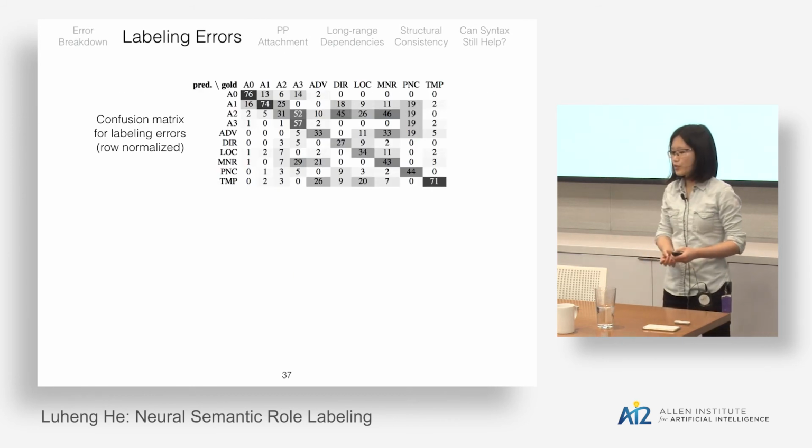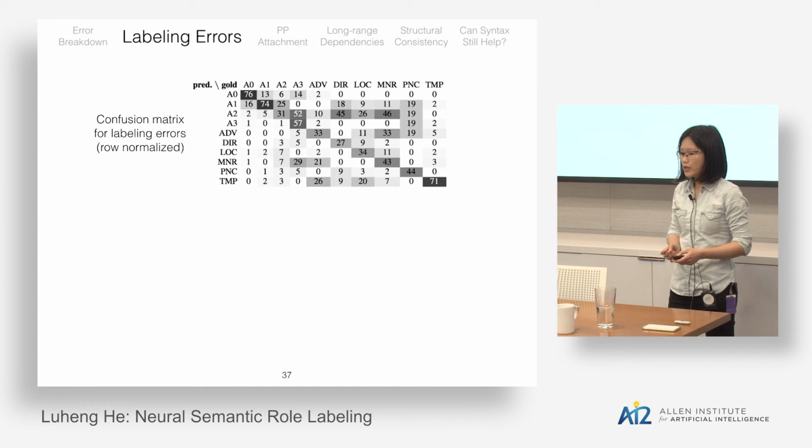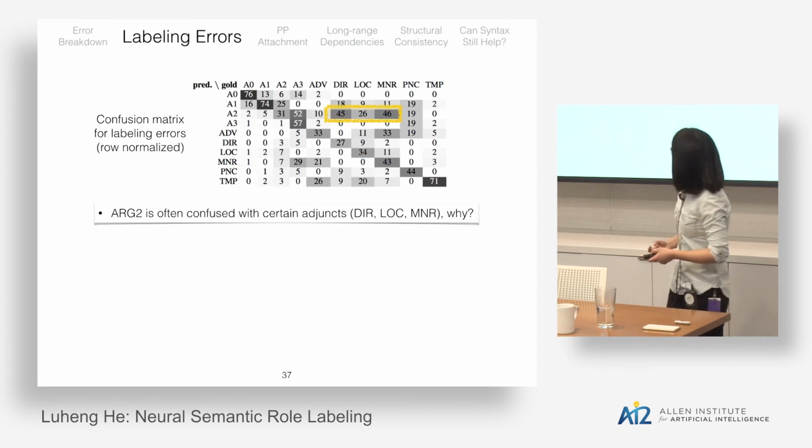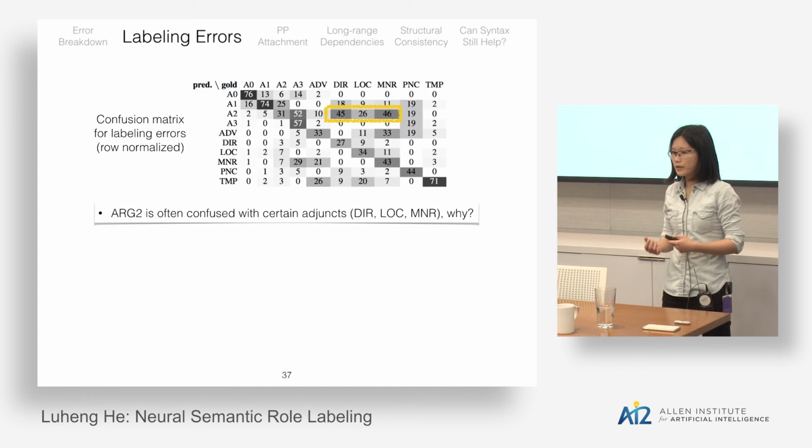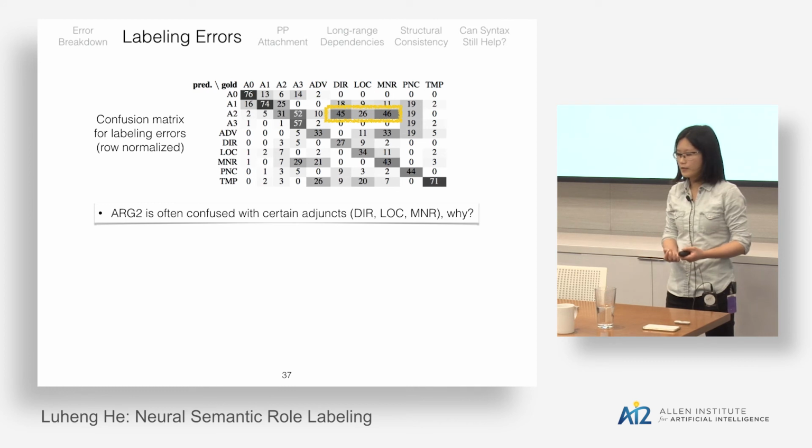For labeling errors, we can compute a confusion matrix for the predicted labels and the gold labels. The confusion matrix is normalized by rows. The matrix shows that ARG2 is often confused with certain types of adjuncts, such as direction, location, and manner. And why is this the case?